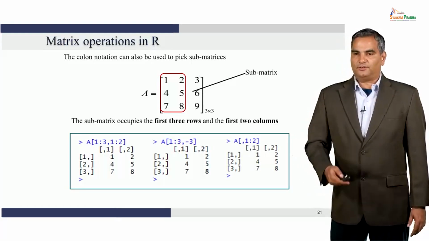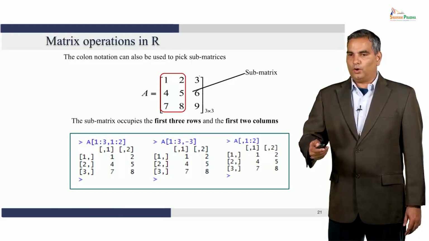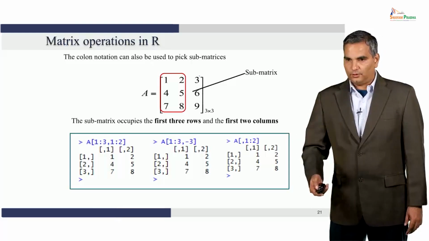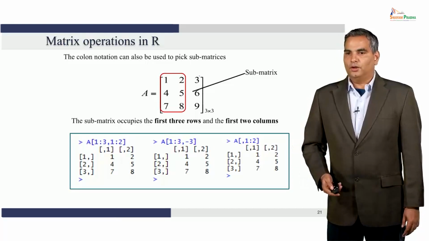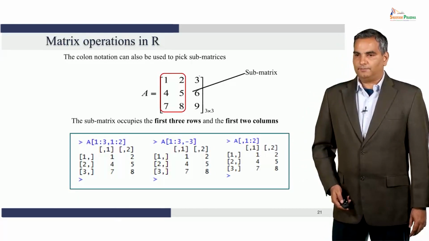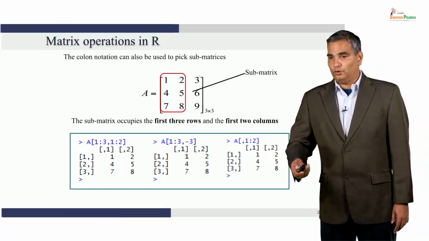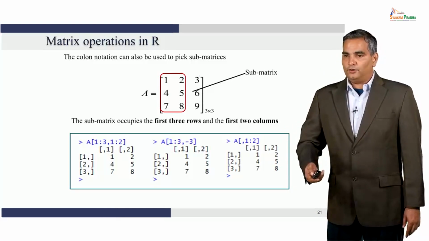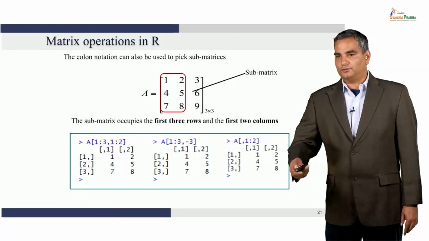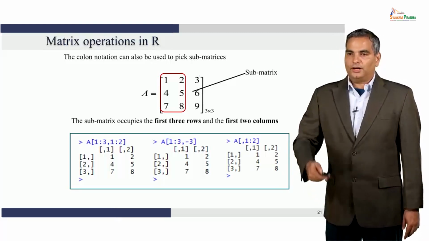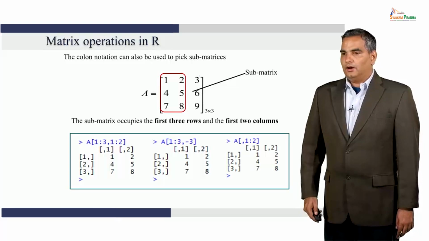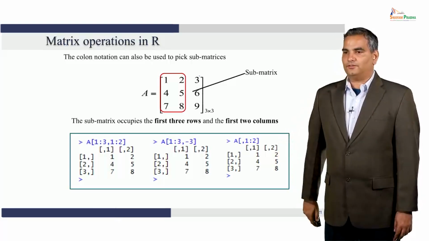For example, the first way is to say A, I want 1 colon 3, I want the first 3 rows. 1 colon 2, I want the first 2 columns, which would give you 1, 2, 4, 5, 7, 8. Similarly, you could say, I want all 3 rows, but I don't want the third column, which is minus 3, which is what I just pointed out at the beginning of this slide. So you would get 1, 4, 7, and 2, 5, 8. Or there are other ways of doing the same thing.